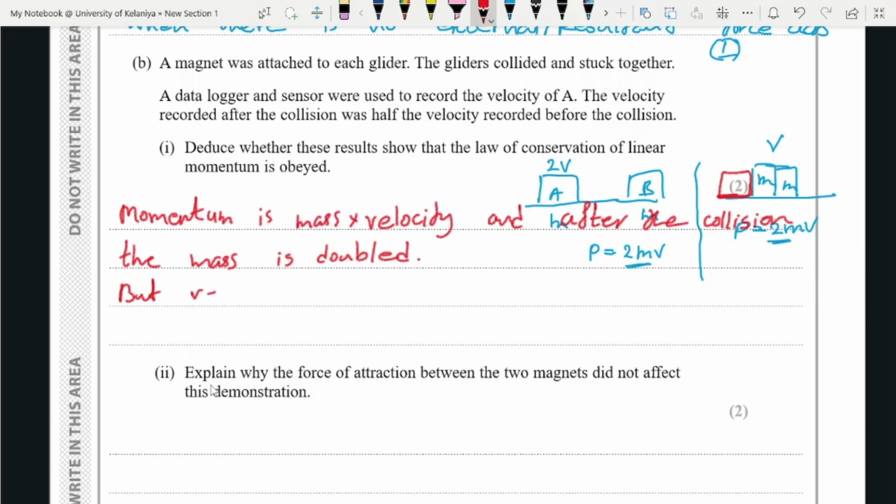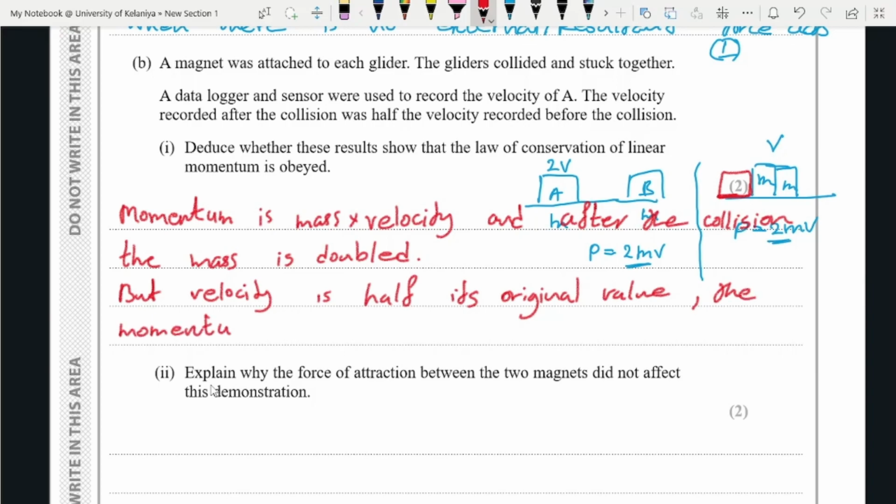But velocity is half its original value. Therefore momentum remains the same.